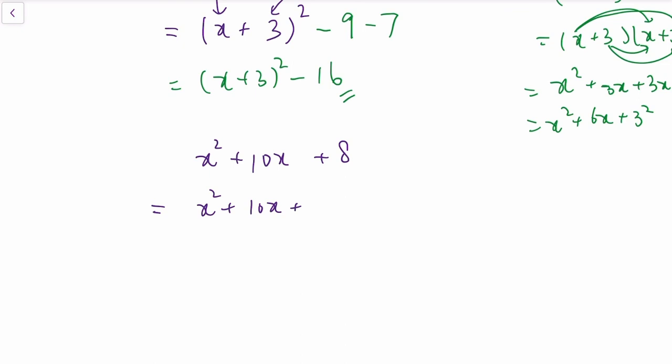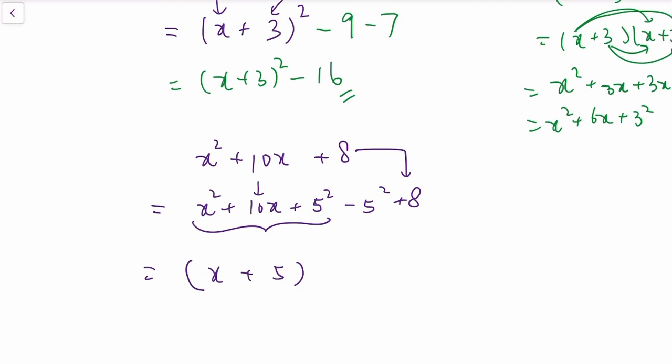The square we add would be half of this number, so it's 5 squared, and then take it away, and then add the end number. And this would collapse to the perfect square of x plus 5 squared, and minus the rest.